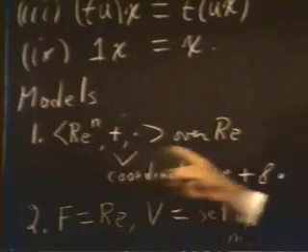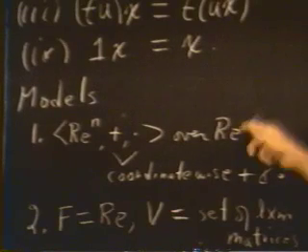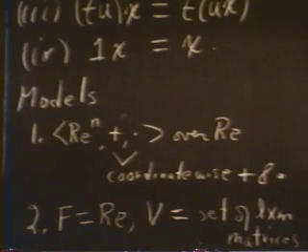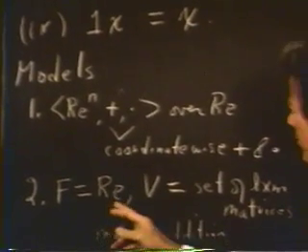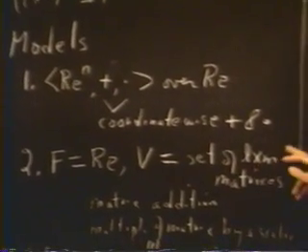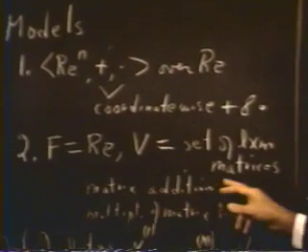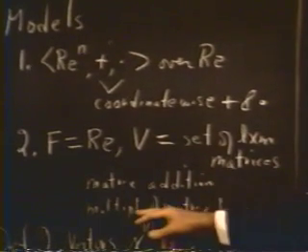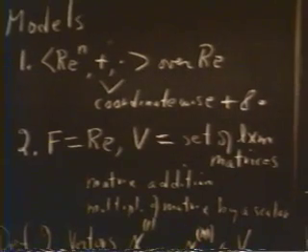That's a familiar model of an n-dimensional vector space over the real numbers. A second familiar example is again to take the field to be the set of real numbers, and now to take V, the set of vectors, to be the set of L times n matrices. And addition is familiar matrix addition, and multiplication is multiplication of every element of the matrix by a scalar.